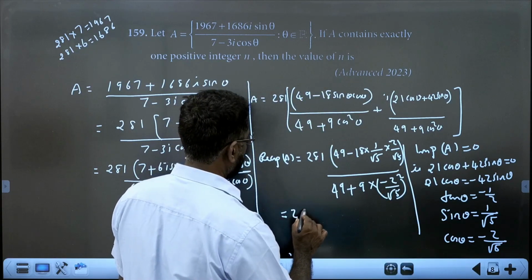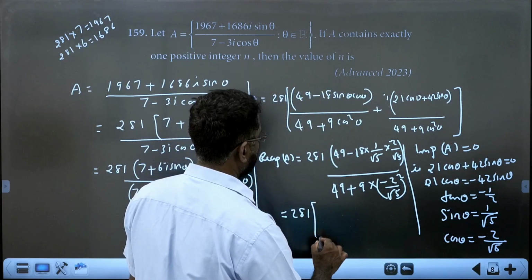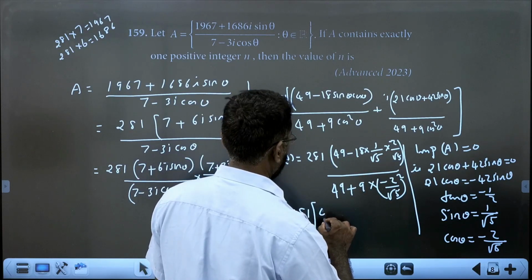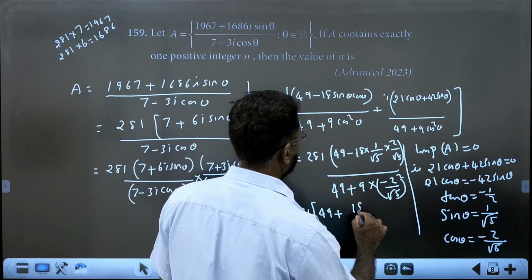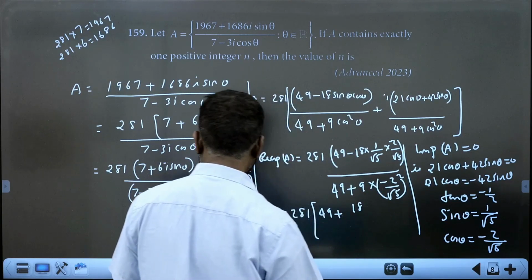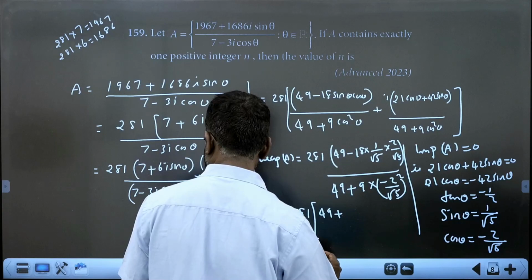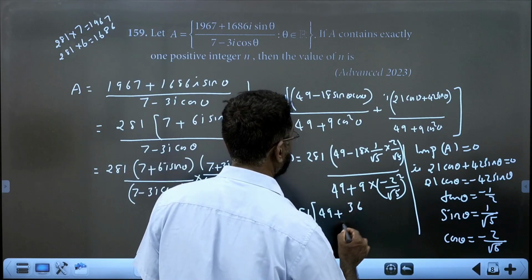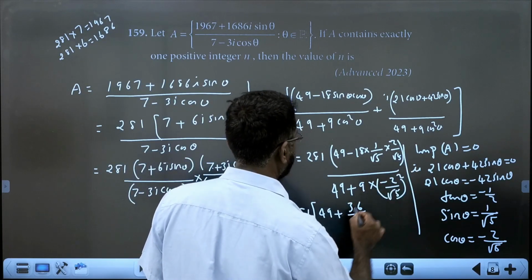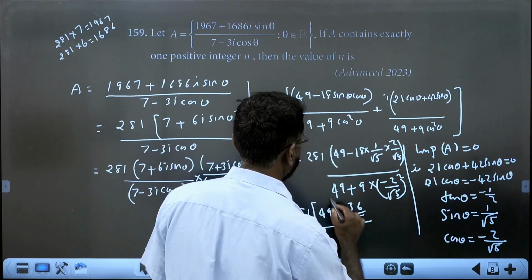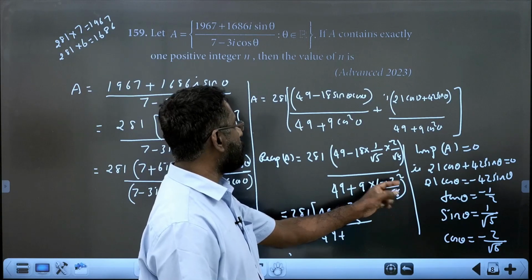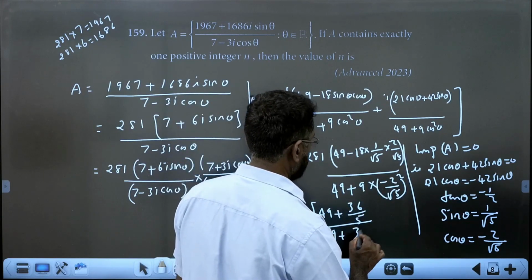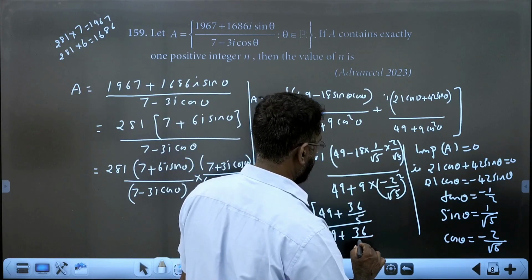This is equal to 281 into (49 plus 18 into 2, which is 36, divided by root 5 into root 5, that is 5), divided by (49 plus 9 into 4, that is 36, divided by 5).